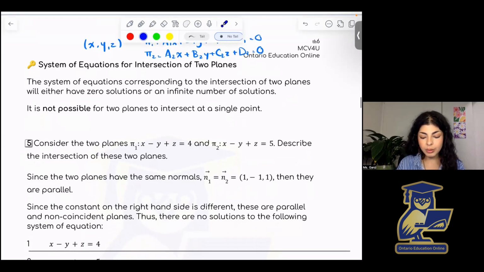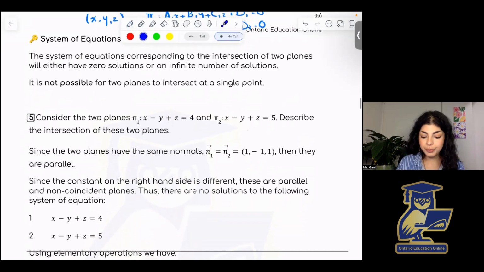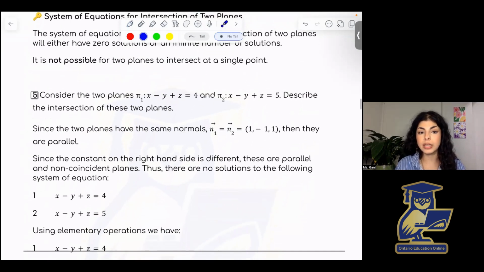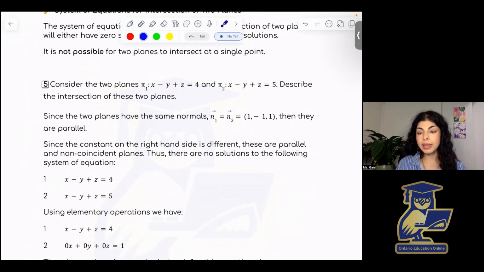So consider these two planes here, pi 1 and pi 2. And we're asked to describe the intersection of these two planes. Now keep in mind, this can be any of those 3 cases that I just mentioned. So the first thing we check is if they are parallel. In Cartesian form, we have their normals. Here we have 1, -1, 1, and the normal for this one is also 1, -1, 1.